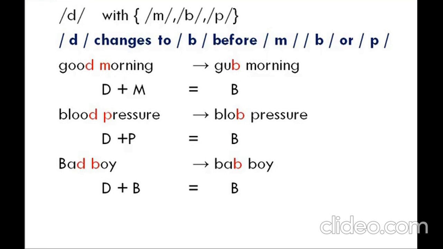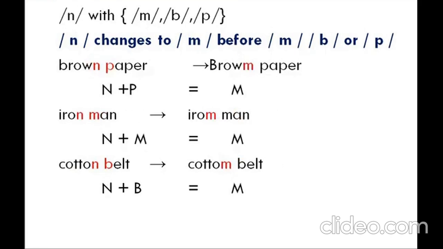So good morning actually sounds like "goob morning", d changing to b. Blood pressure actually sounds like "bluhb pressure", where d is coming out like b, assimilates. And bad boy actually comes out as "bab boy", d changing to b. Right.